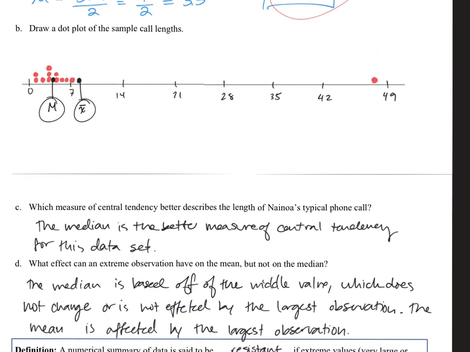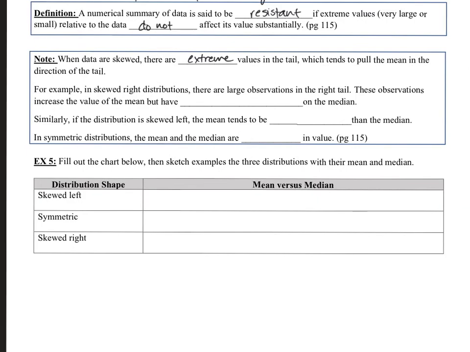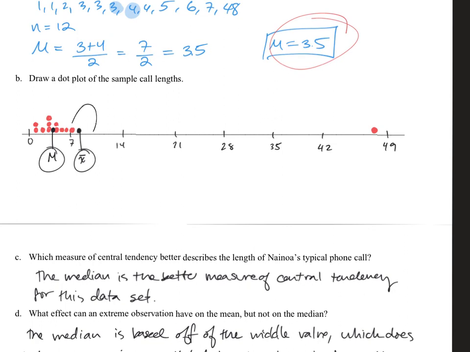This is an extreme value in the tail, which skewed our data. And that tends to pull the mean in the direction of the tail, which makes sense here because the mean we had was 7, and it ended up getting pulled a little closer to the tail value here, whereas the median stayed sort of in the center or the central area of our values. And remember, we're looking for the central data. Okay, so our mean ended up getting pulled towards this outlier.